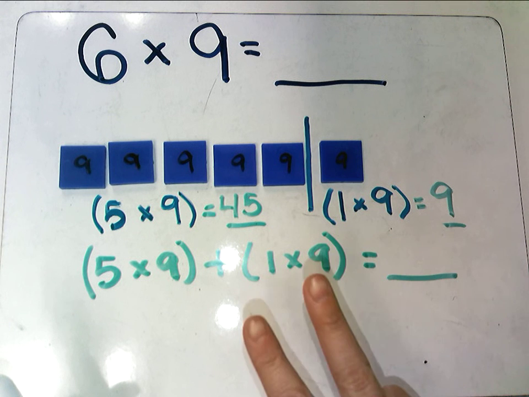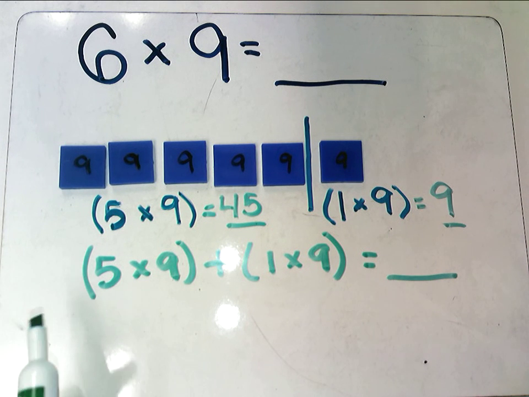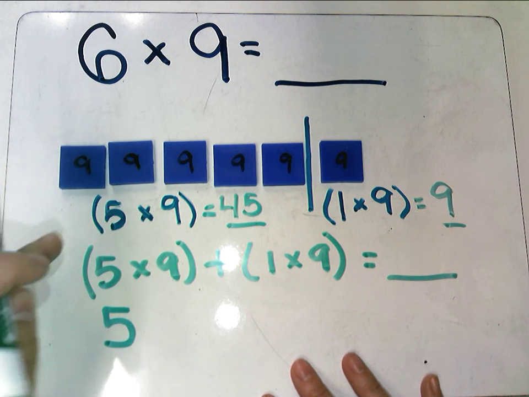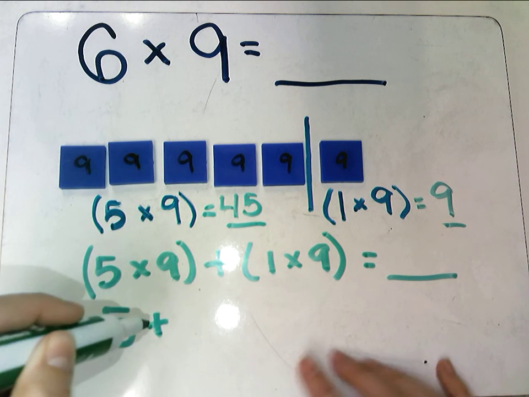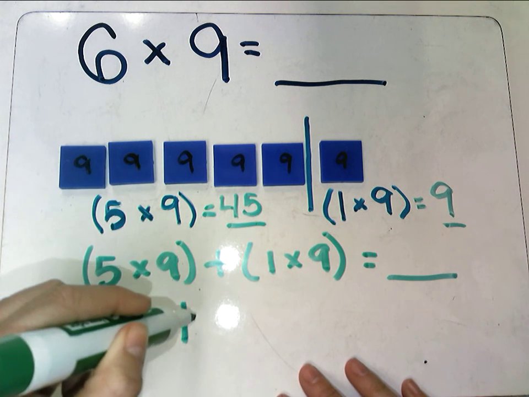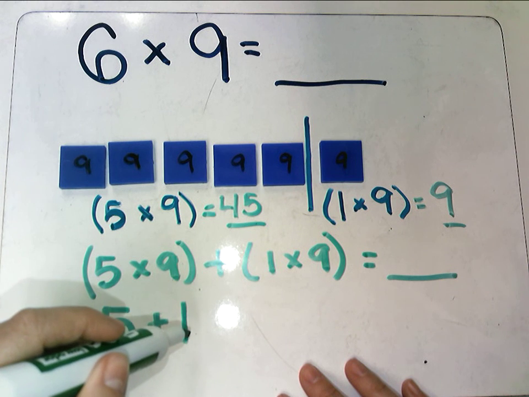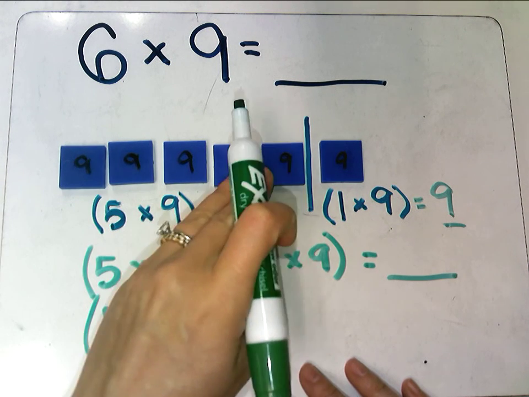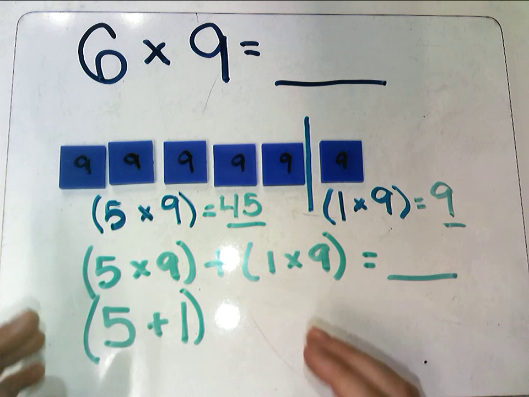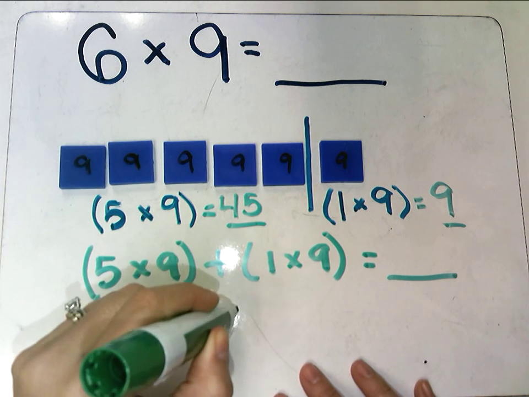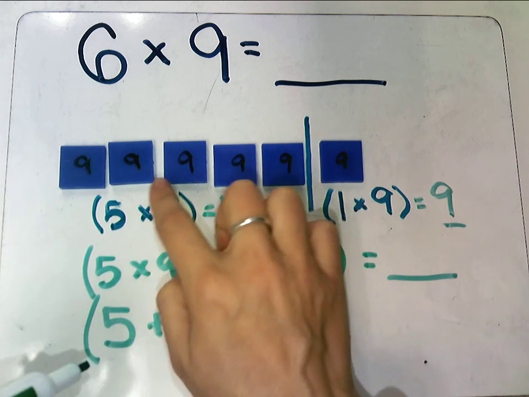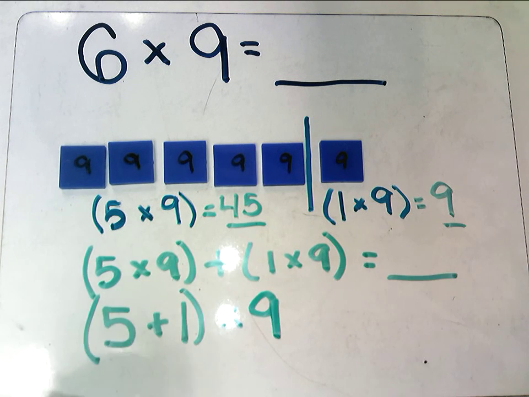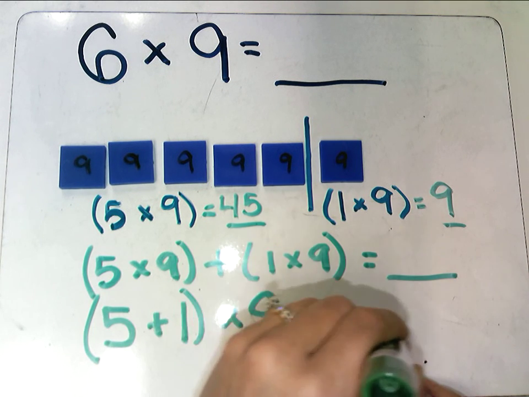The second way you can write the distributive property equation is 5 squares plus 1 square, because we have 5 squares here plus 1 square there, so we'll put that in parentheses, times 9, because that's the value of 1 square, equals.